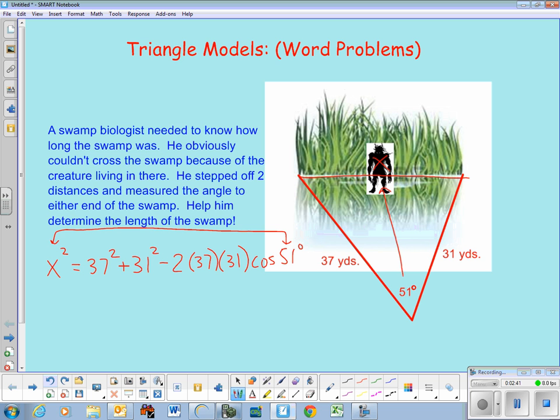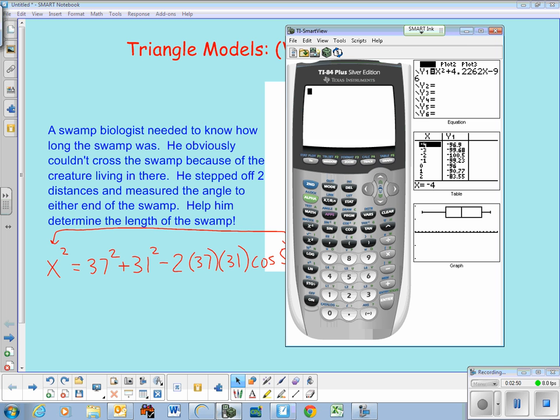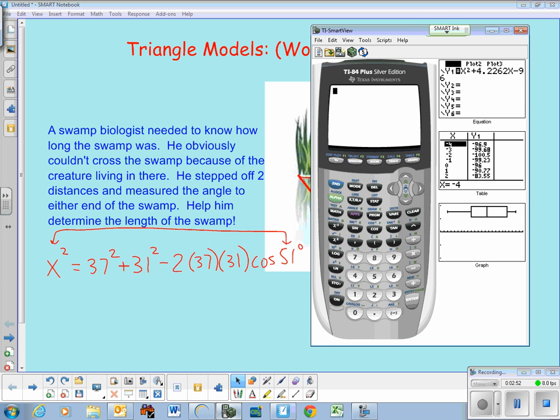All right, so this is an easier application of the law of cosines because we don't have to use the quadratic formula. So I can just pretty much put this straight into my calculator. 37 squared plus 31 squared minus 2 times 37 times 31 times the cosine of 51 degrees gives me 886 yards.